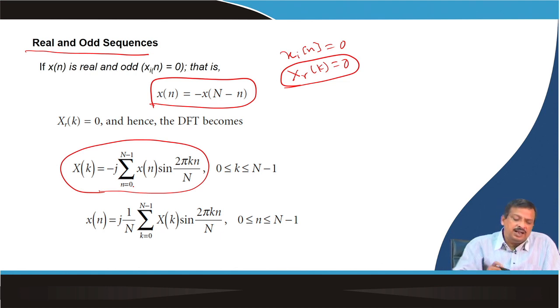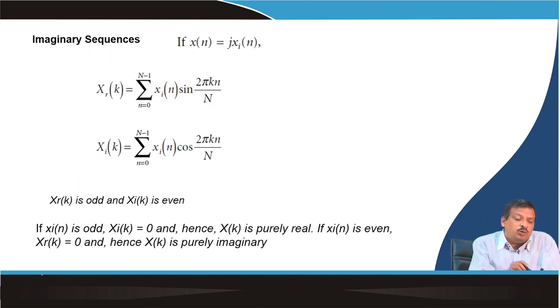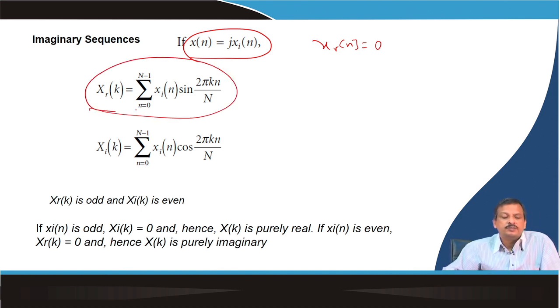Similarly, if I take the IDFT, I get the x of n sequence. Similarly, if my sequence is purely imaginary, so x of rn is equal to 0, put that in and find the expression.